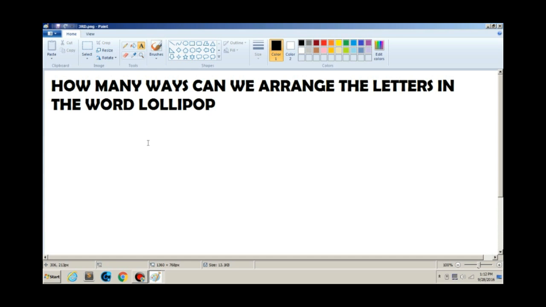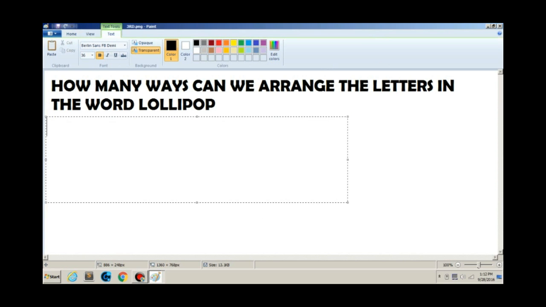So before that, let's find first the value of n. Our n there is 8, because there are 8 letters involved in the word lollipop. And as I said, there are letters which are repeating, so we need to consider those letters.